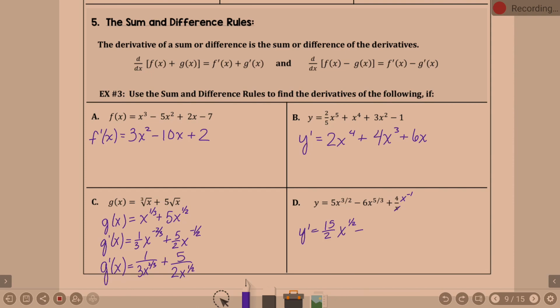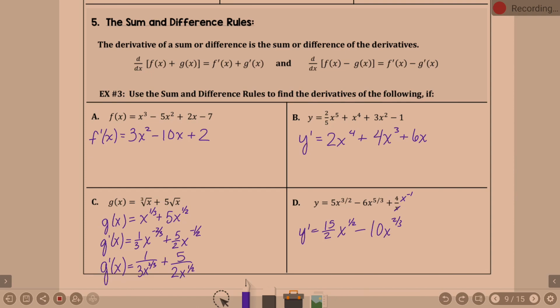Okay. Minus 10x to the 2/3. Are you guys with us on the 10? 6 over 1 times 5 over 3, 30/3, which is 10. And I'm assuming you can subtract the 1, okay?